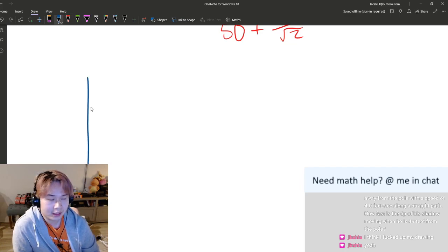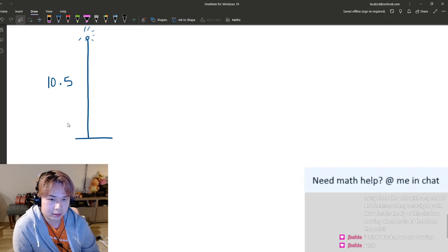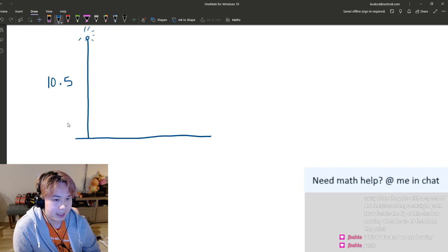So you have your pole here. That's 10.5 feet, and then it shines a light. And then along the ground, you have a man, and this man is 5.4 feet tall.